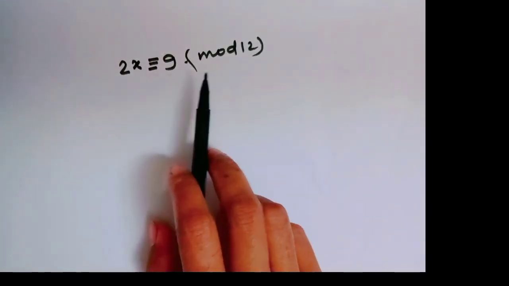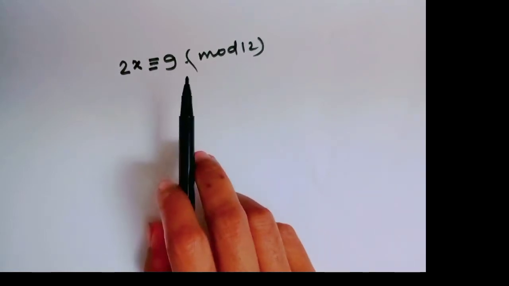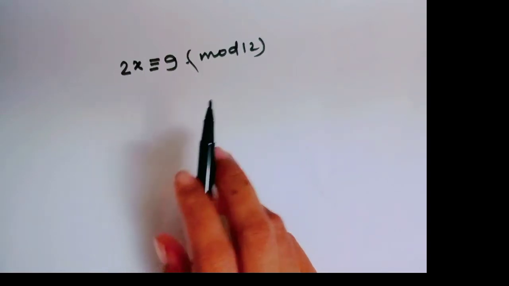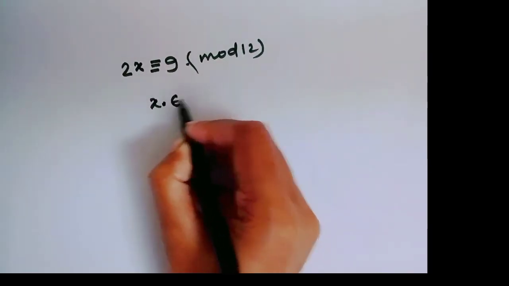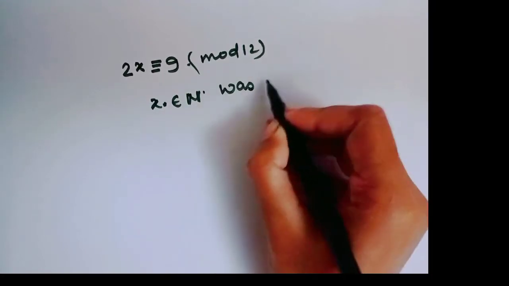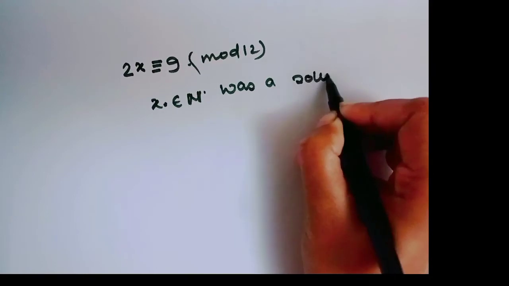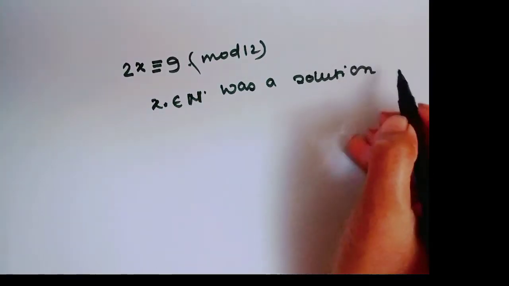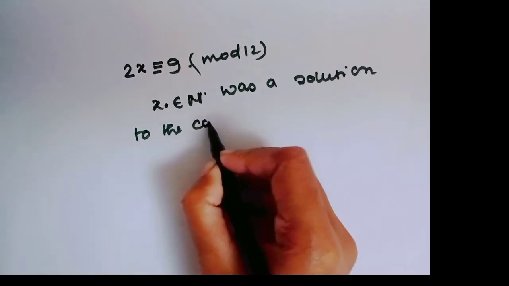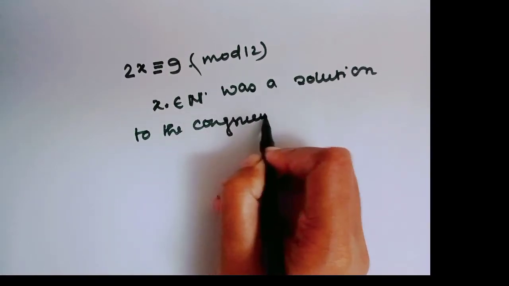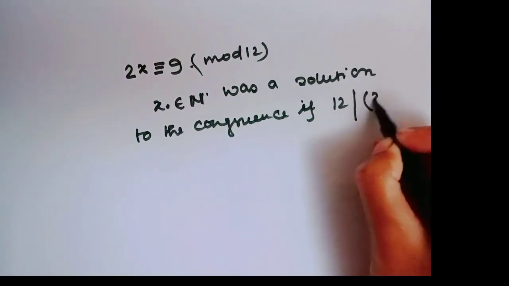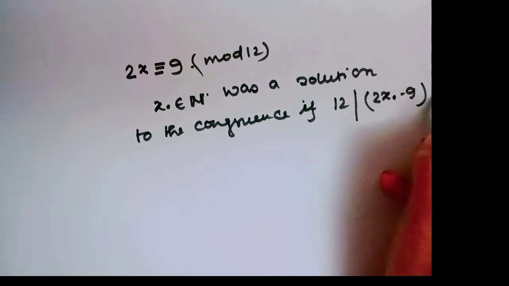2x ≡ 9 (mod 12). You can check it by putting in the elements of Z12. Otherwise, if x0 is any natural number that is a solution to the congruence, then 12 divides 2x0 minus 9.